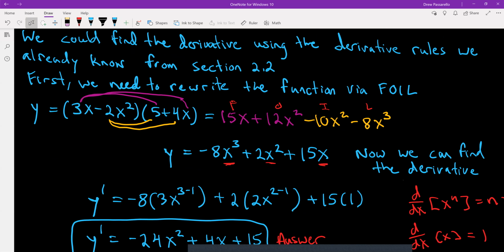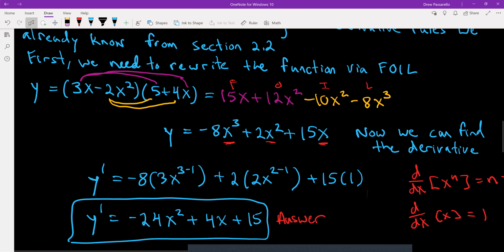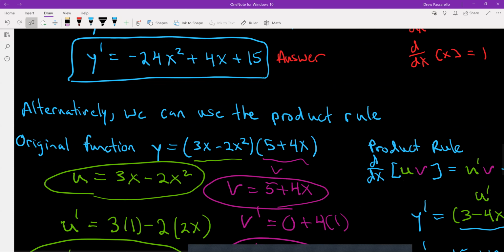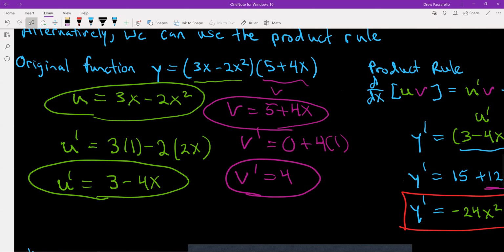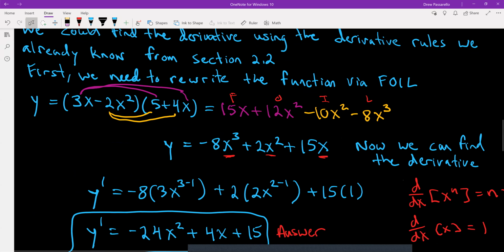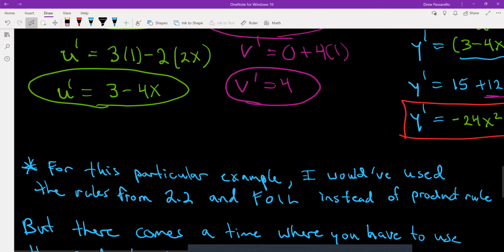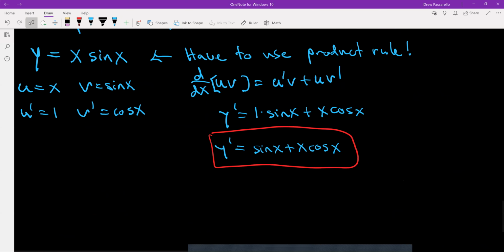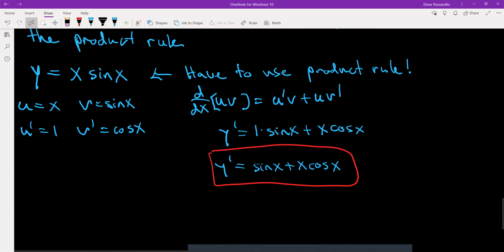The first way was just using the techniques from the previous section; you first had to FOIL it out. The other technique was using the product rule, which personally I would have done the first way. But for something like this, I have to use the product rule. So I'm going to pause the video and write down some examples that we're going to use to find the derivative using the product rule.